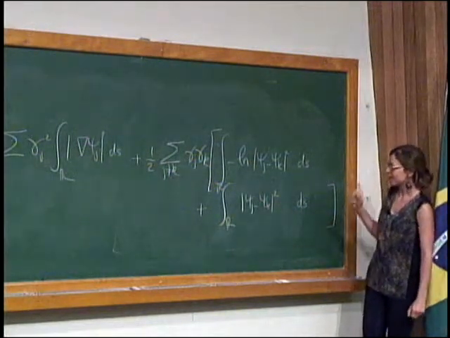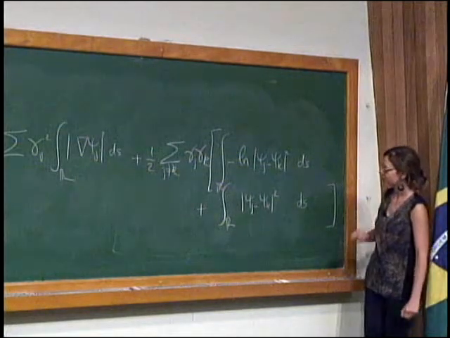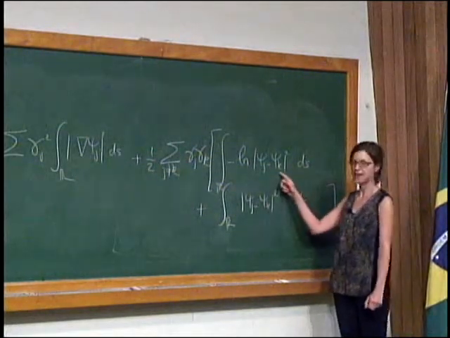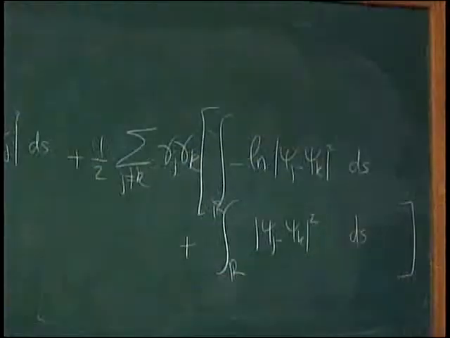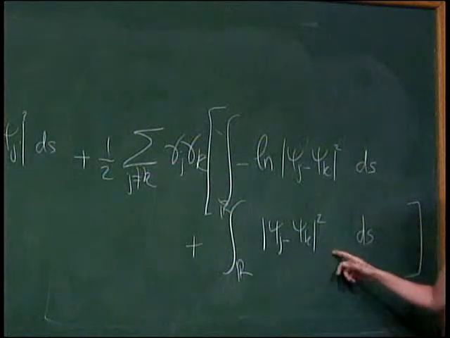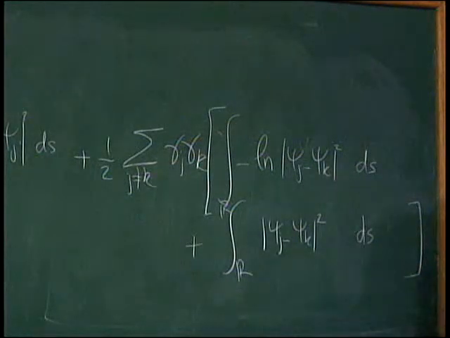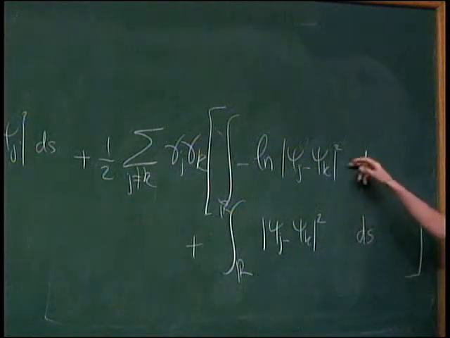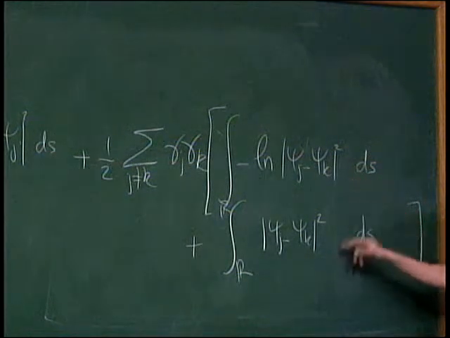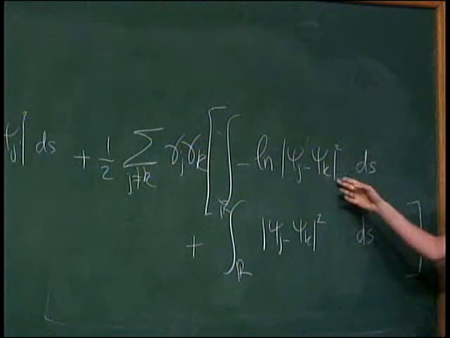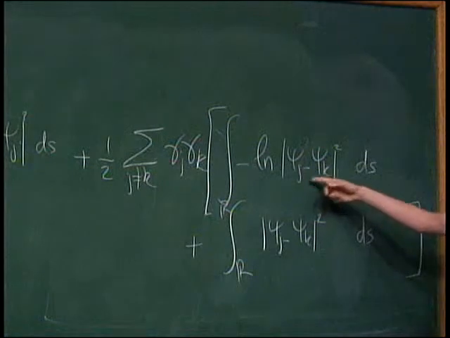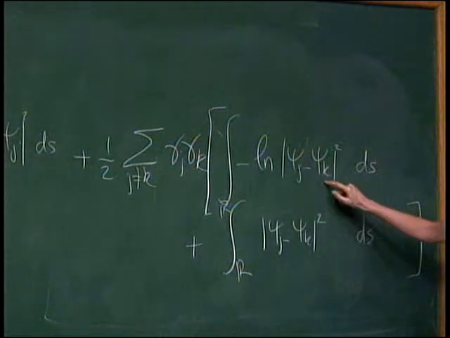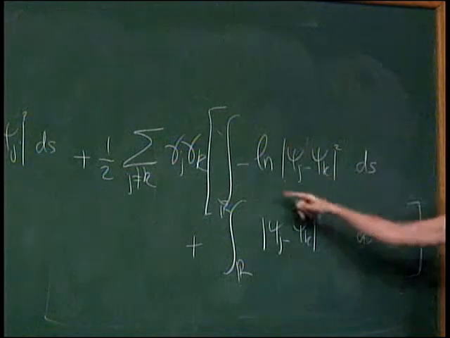And the point is that in the case of the vortex filaments, if we assume that psi j minus psi k behaves as xj minus xk at infinity, we have to renormalize this energy in order to obtain well-defined quantities, because otherwise these quantities can't be integrable, because they don't go to 0 at infinity. If psi j minus psi k doesn't tend to 1 at infinity, this quantity is not integrable.